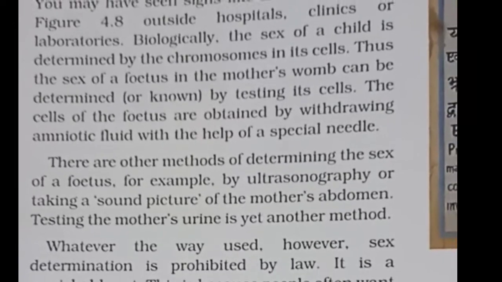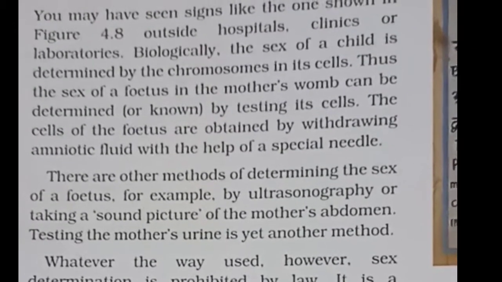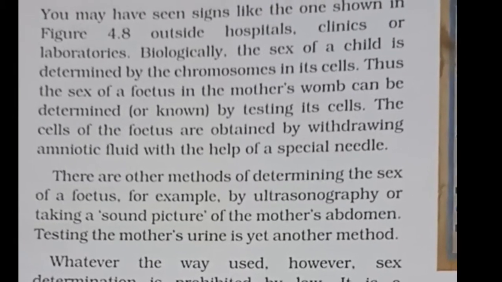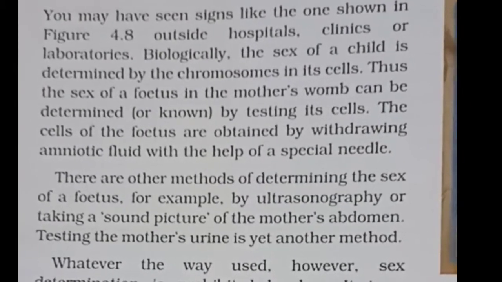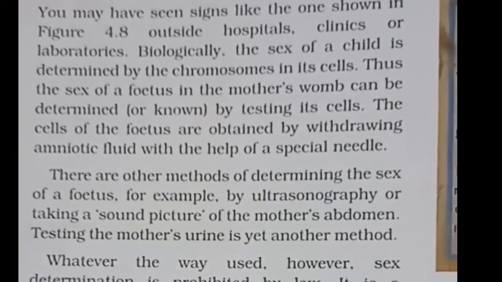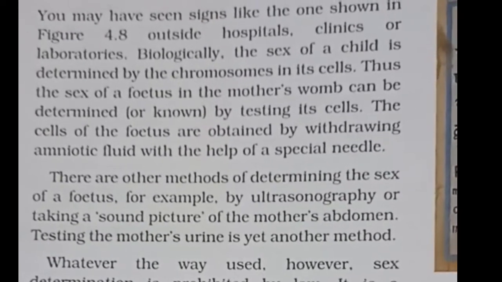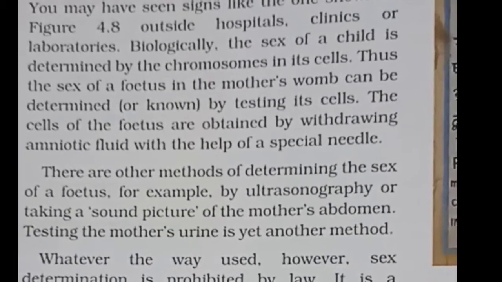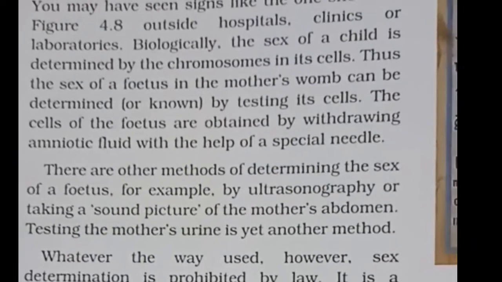There are some other methods also to find the sex of a child by ultrasonography, or we call it ultrasound, by taking the sound picture of the mother's abdomen, or by testing the urine of the mother.